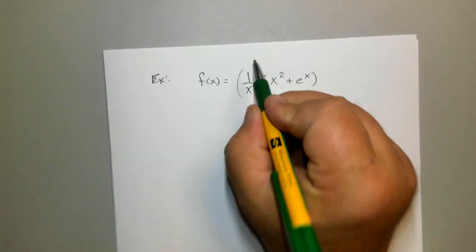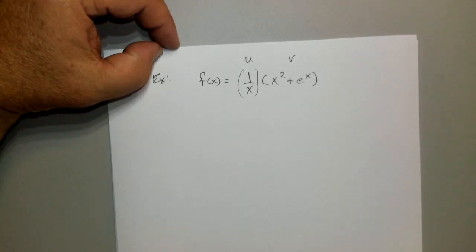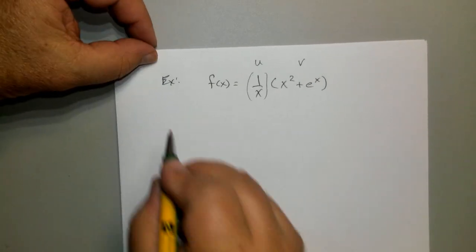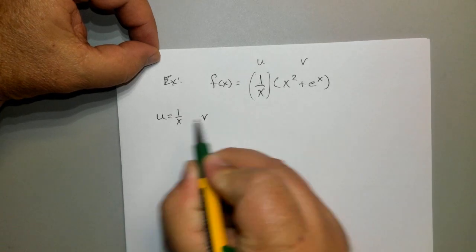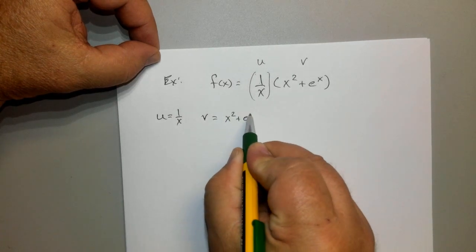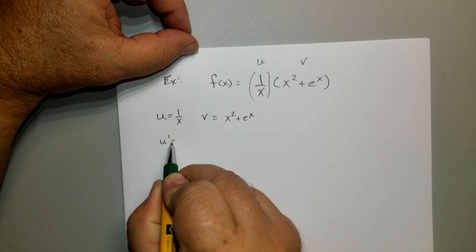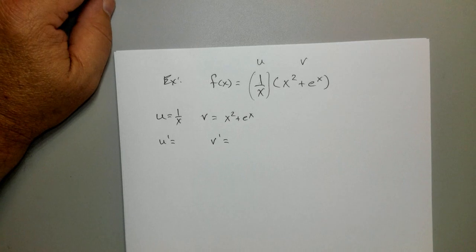This is the first one, that's your u, and that's your v. Or f and g. Now, here's the way I suggest you memorize it. You have the two functions. U is 1 over x, and v is x squared plus e to the power x. Take the derivatives below there. Write the derivatives below those respectively.